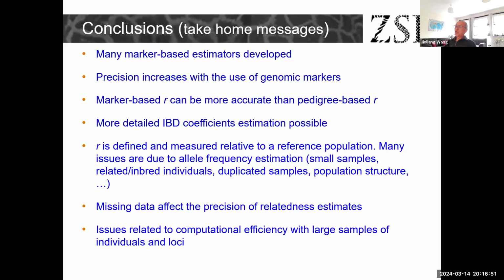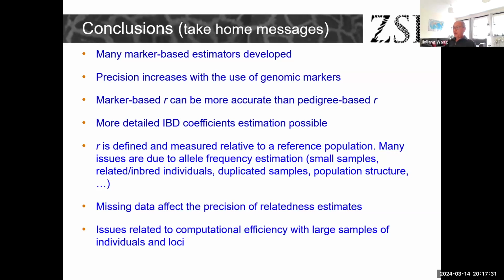And also, most often, the sample available for our estimation is small, and they contain inbred and related individuals. They also contain duplicated samples, and there could also be population structure and admixture. All those complexities could be possible. So when these complexities are possible, we need to take certain measures to reduce the problems before we can conduct a good estimate of relatedness.